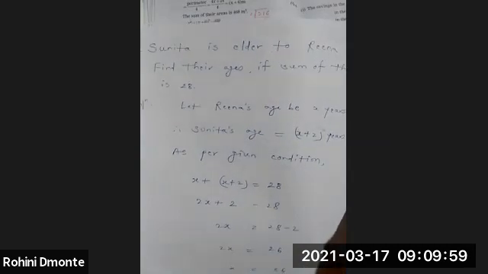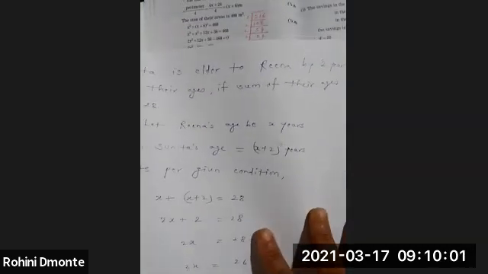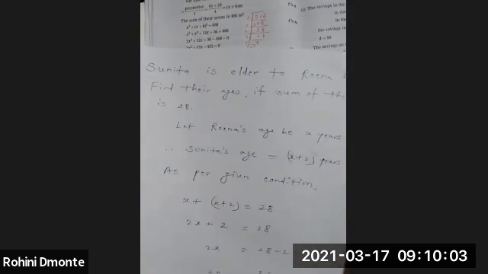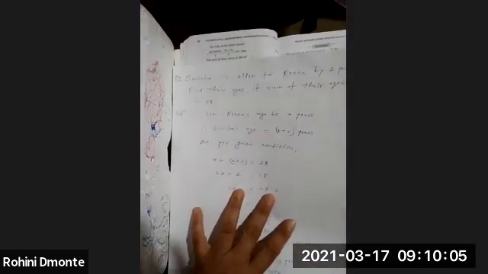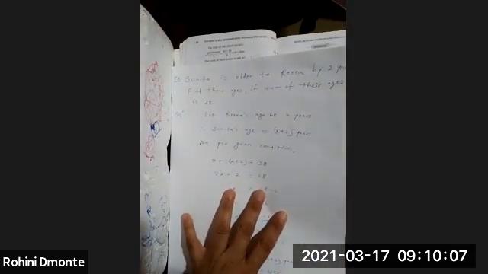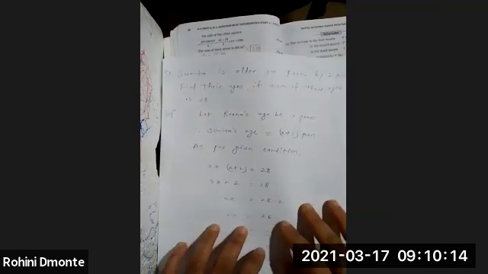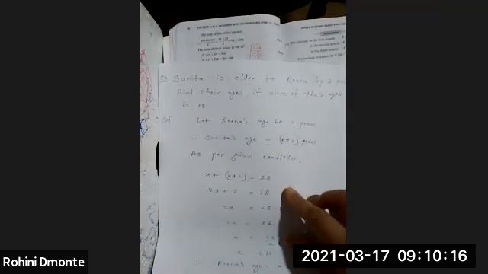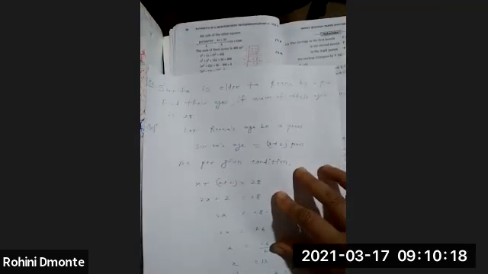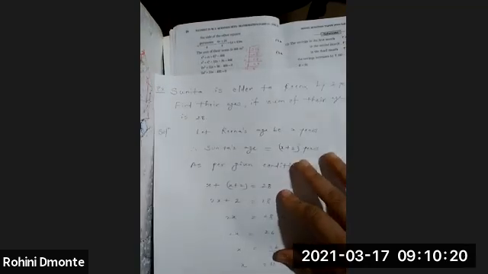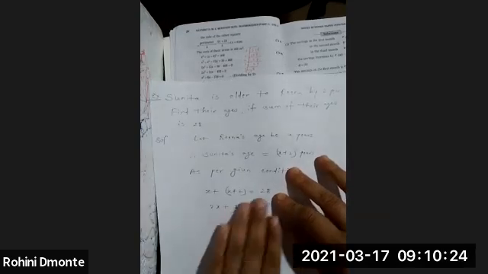Sunita is elder to Rina by 2 years. Find their ages if the sum of their ages is 28.